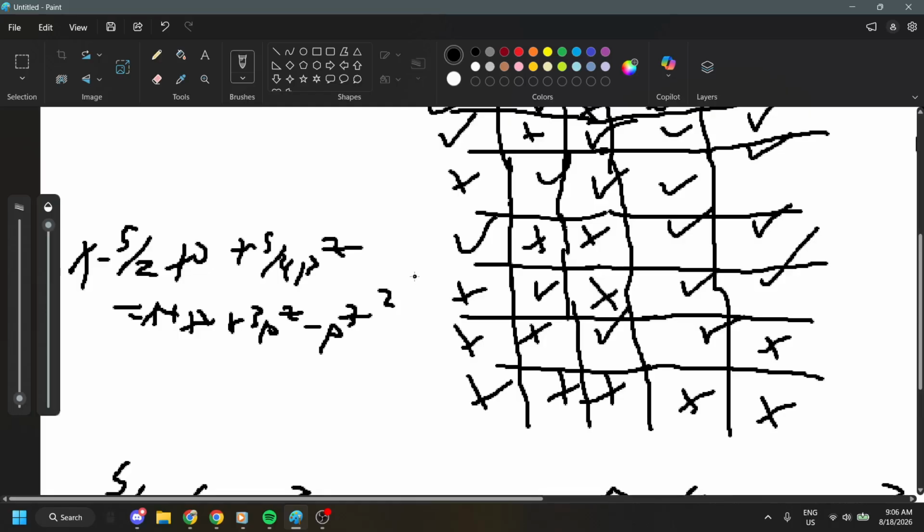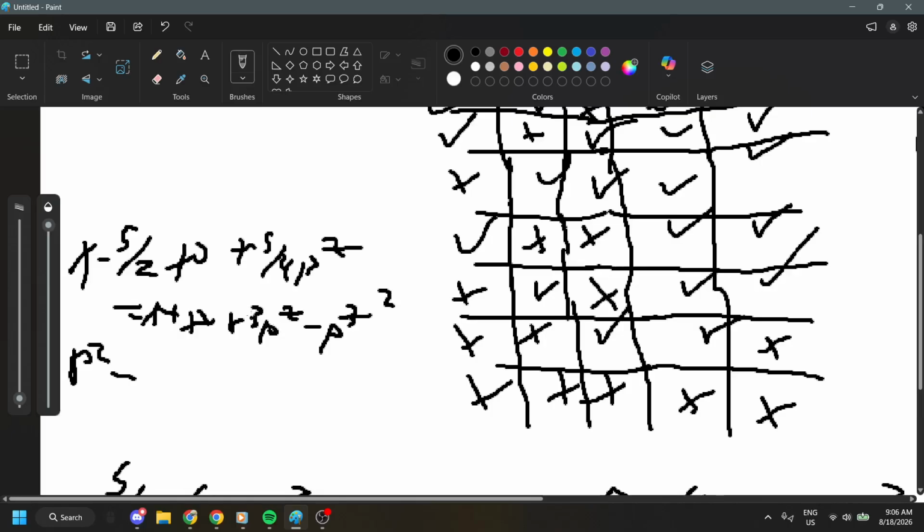Let's first do this one. So we get 5/4 p minus 3p. 3p is 12/4.